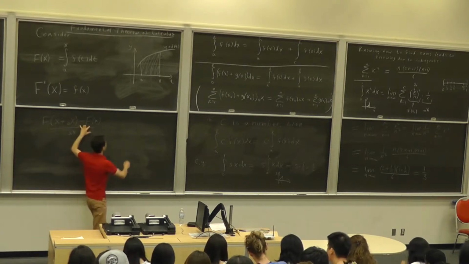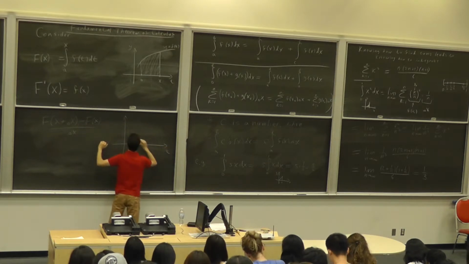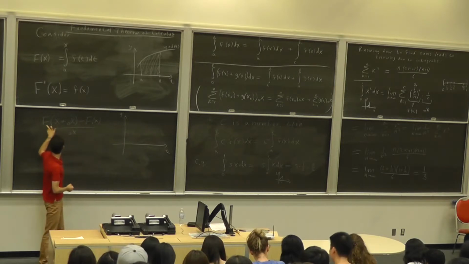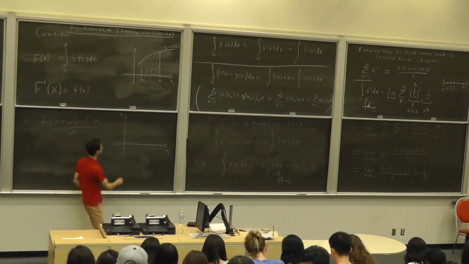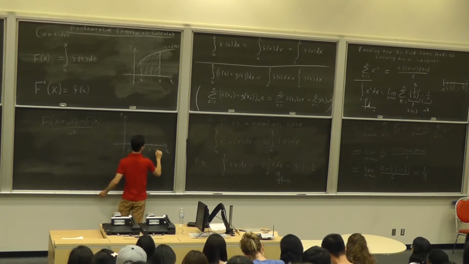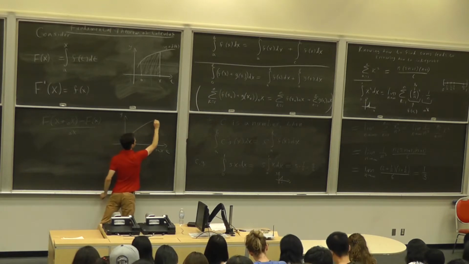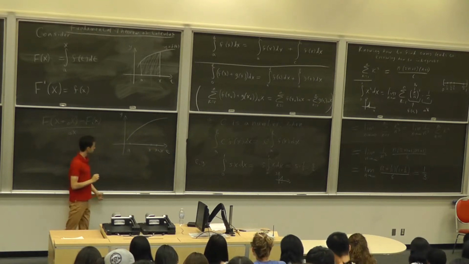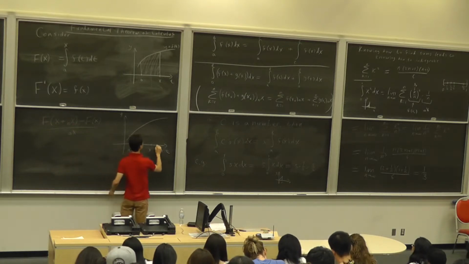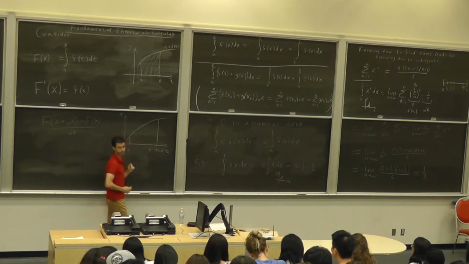Now, what is it for our function, big F of x? Let's interpret this geometrically. The value of F at the point x plus delta x is the area from here to here.